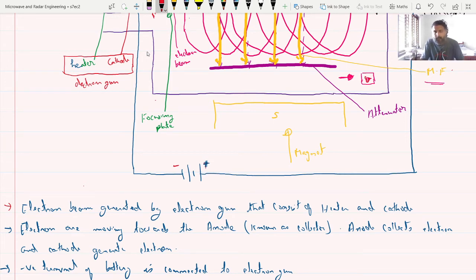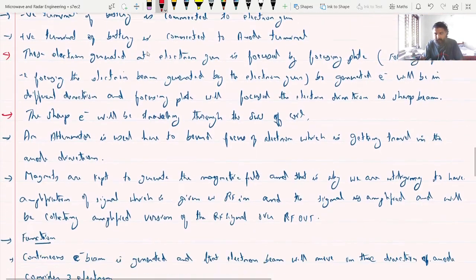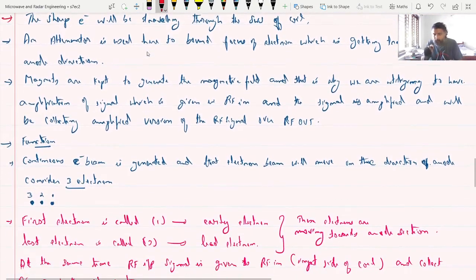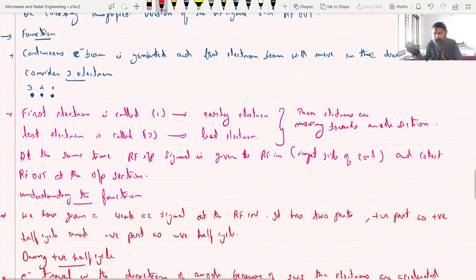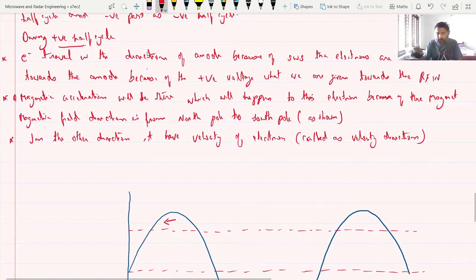So the force on this electron during the positive half cycle we call the accelerating force, and it is given by F equals Q into V cross B. The force acting on the electron moving towards the anode during the positive half cycle is called the accelerating force.